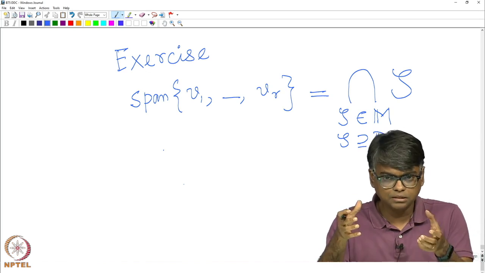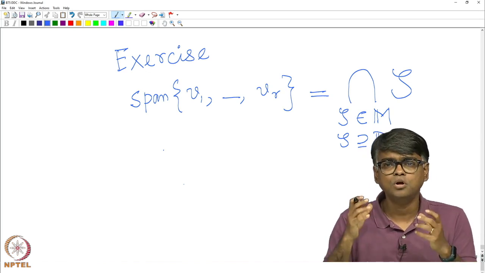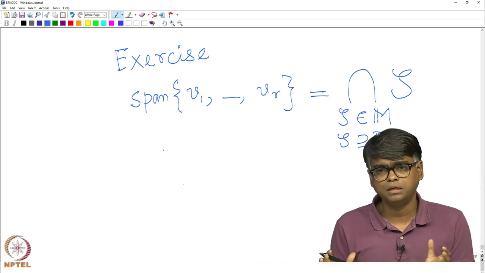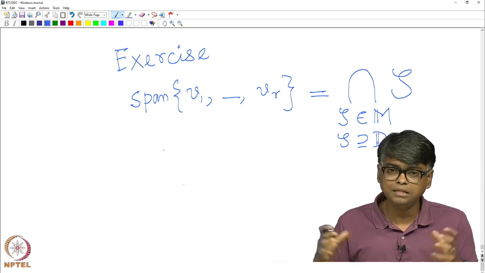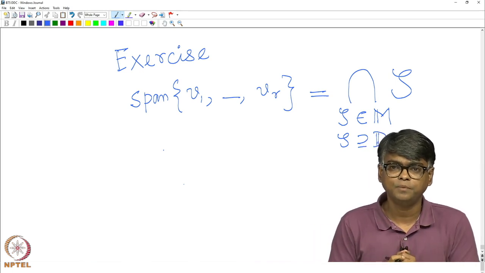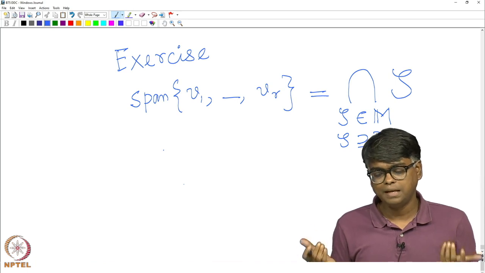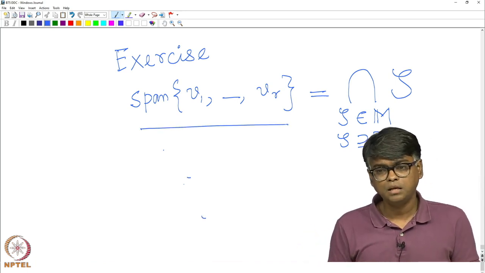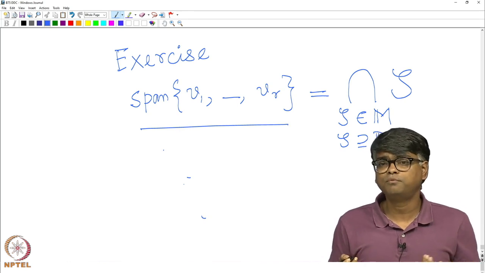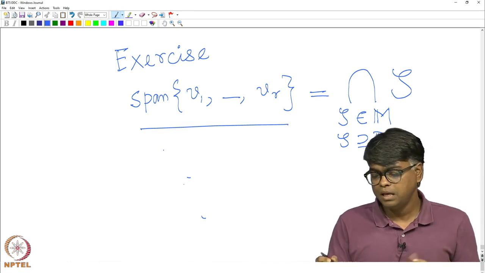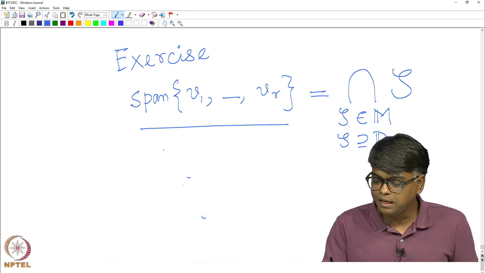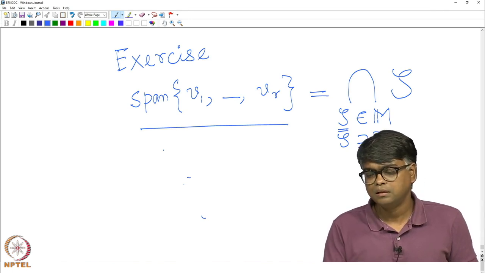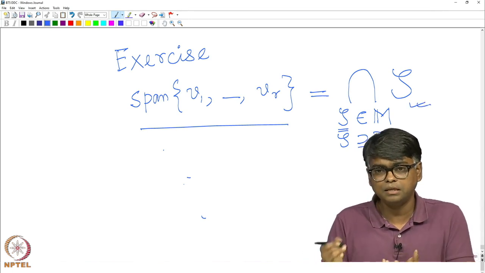So, given a finite set of vectors, infinite set of vectors also, look at every subspace that contains those vectors, and then take the intersection of all those subspaces. What you get is also a subspace, and that subspace is the span of these vectors, right. So, therefore, this is the most powerful unfalsified model, because why? You see, every S in the model class that explains the data is there, its intersection is there.